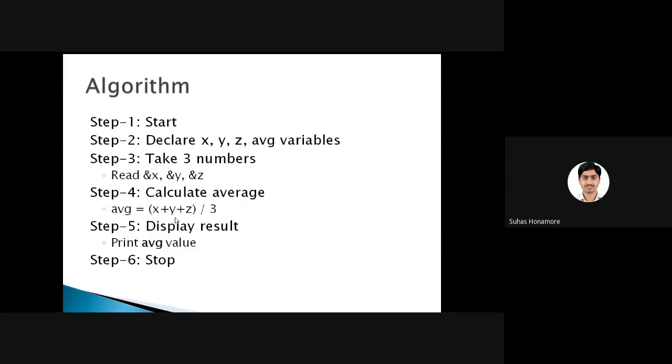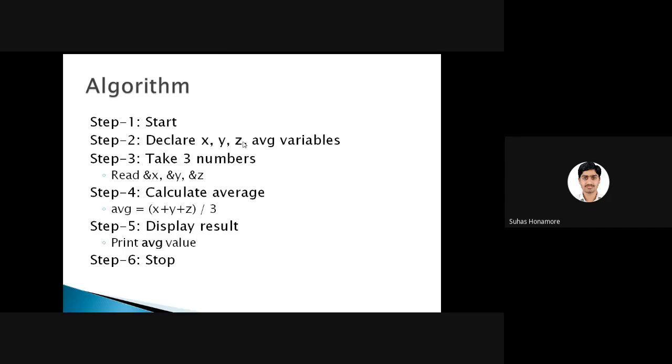In a systematic way, we write this as start and stop, and whatever variables we are using, we list here. In between, whenever you write the step by step procedure, you have to analyze the problem. We may require three or more variables. To calculate the average of three numbers, a minimum of three variables are required, that is x, y, z.